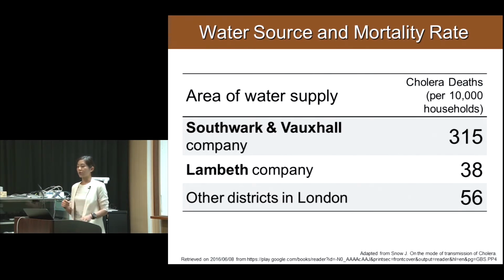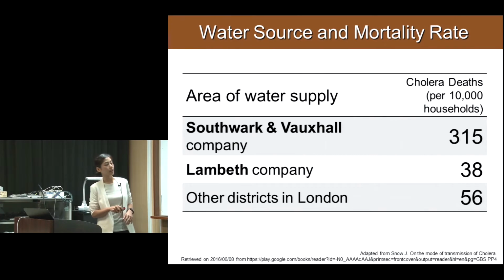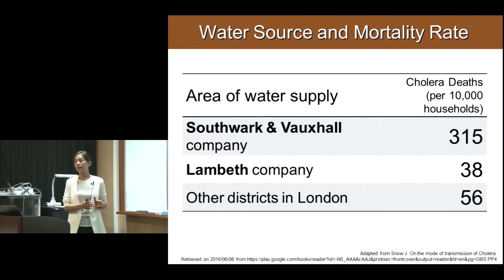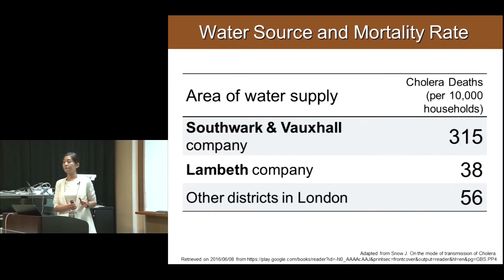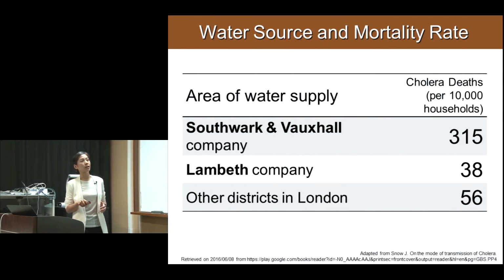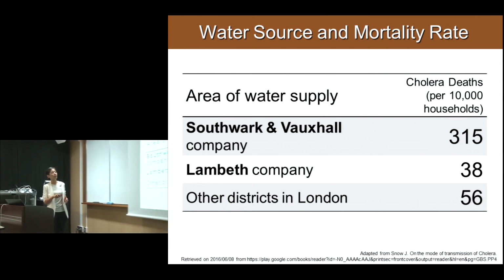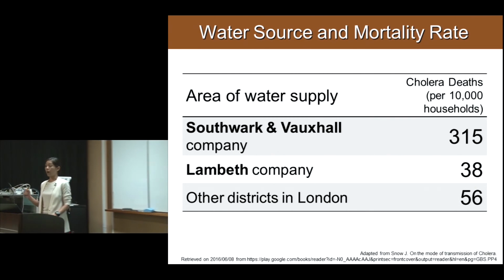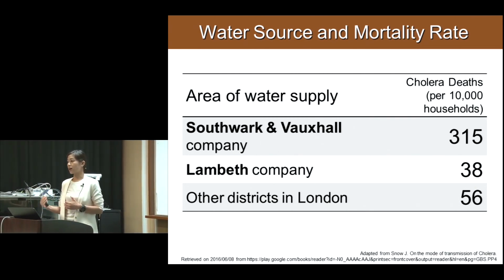But later, due to technical and non-health related reasons, Lambeth Company moved upstream of the water source to a less polluted area. So with his observation, this served as a natural experiment where he could see a much higher death rate of cholera among consumers of water supply from the other company, and that he could prove that water was in fact the main vehicle for cholera transmission.